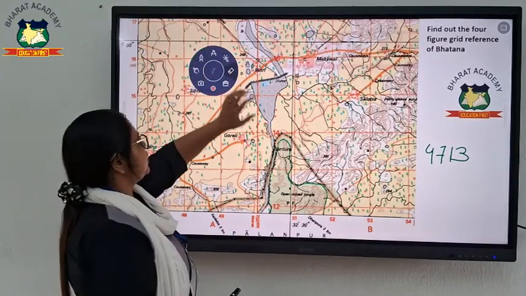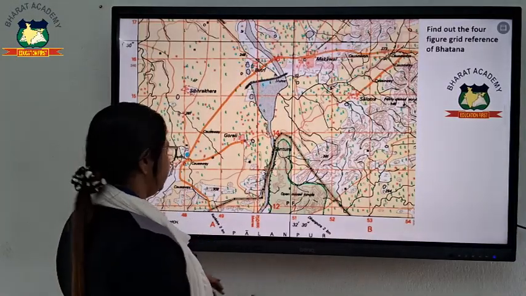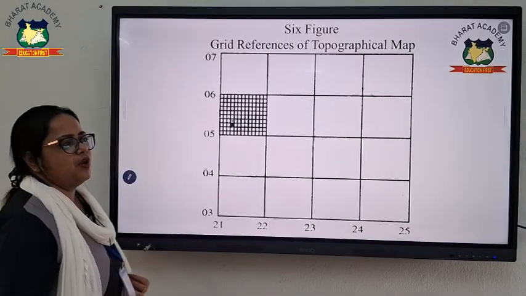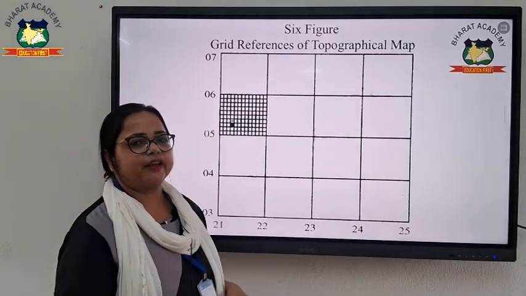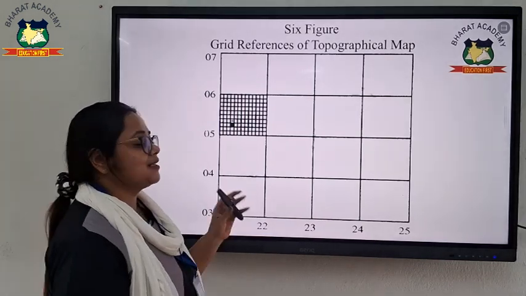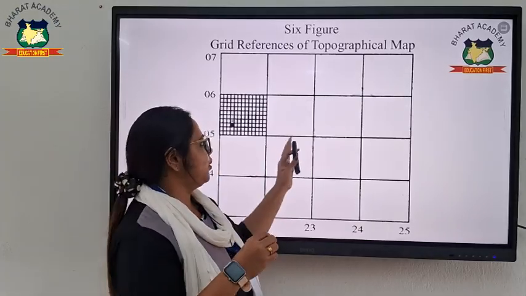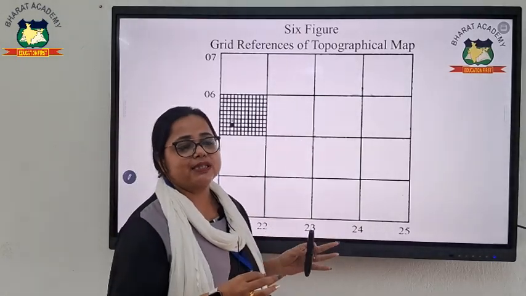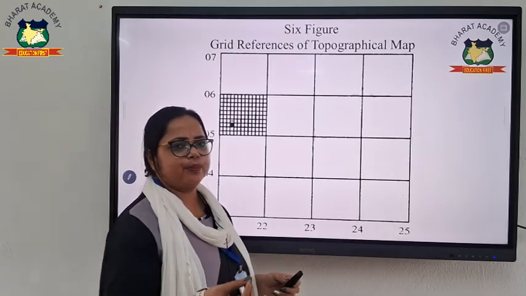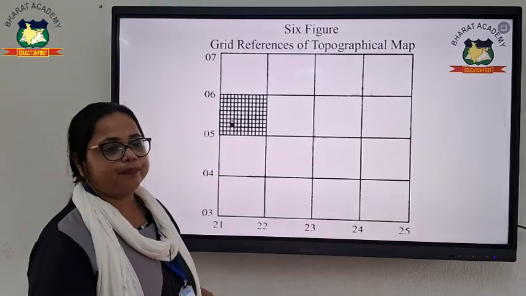Next we move to the 6-figure grid reference, which might be a bit complicated for you, but not that complicated. 6-figure grid references are used for smaller features, like the features shown in a topographical map by small symbols for a post office, police stations, temples. For smaller features, we use the 6-figure reference.